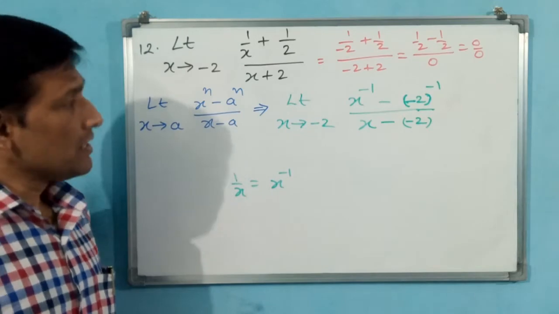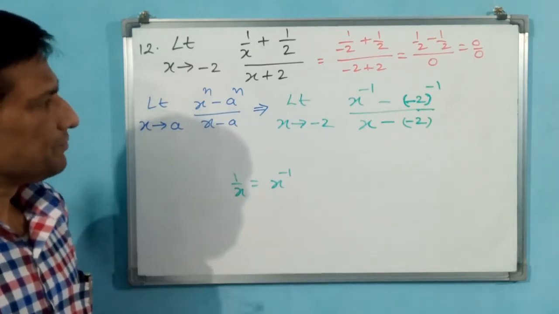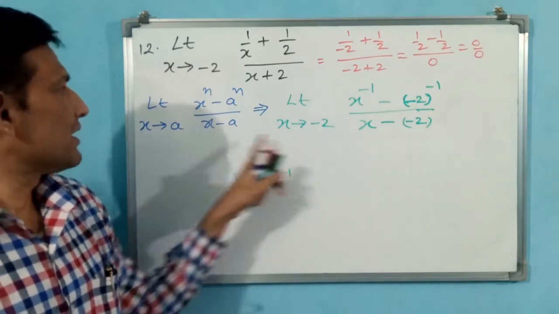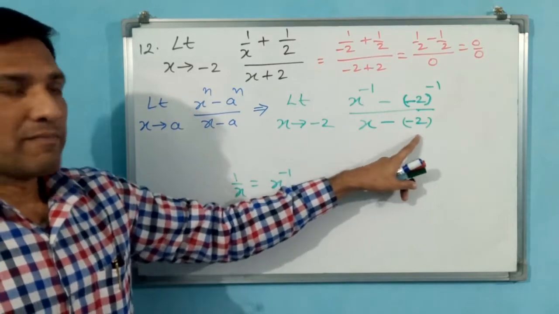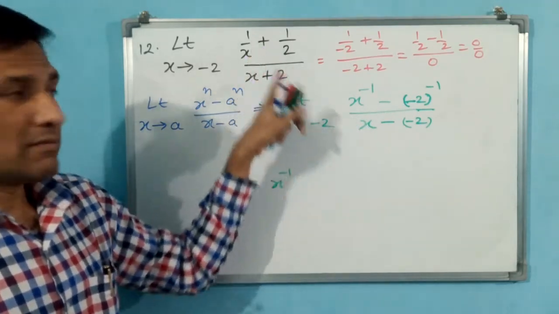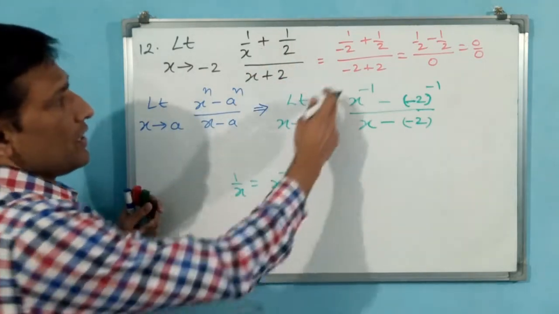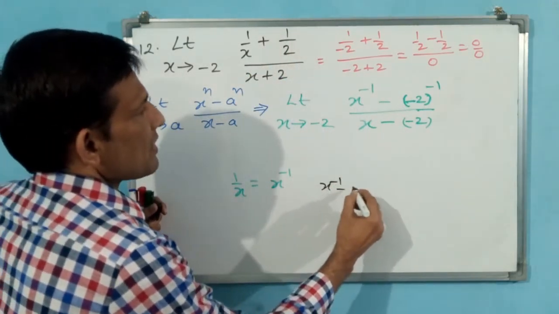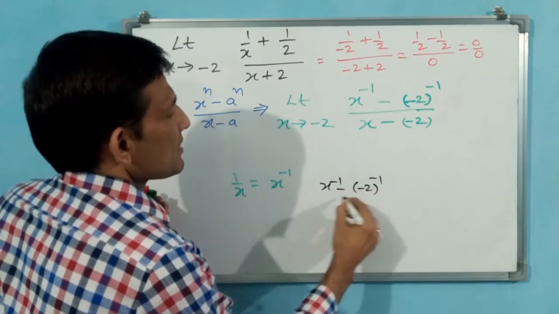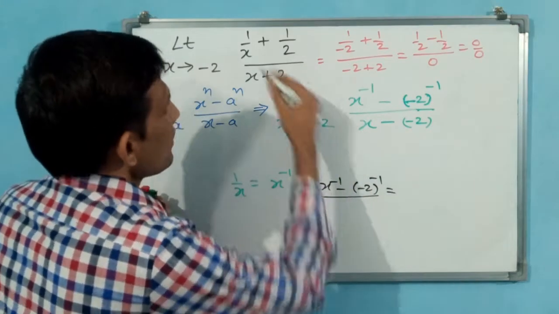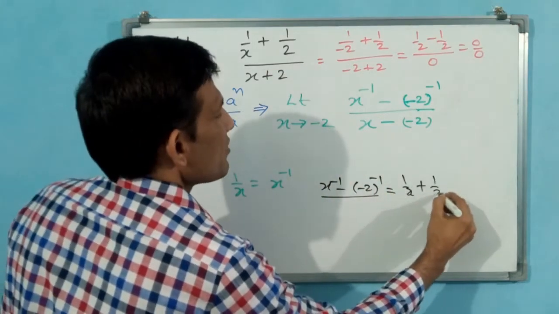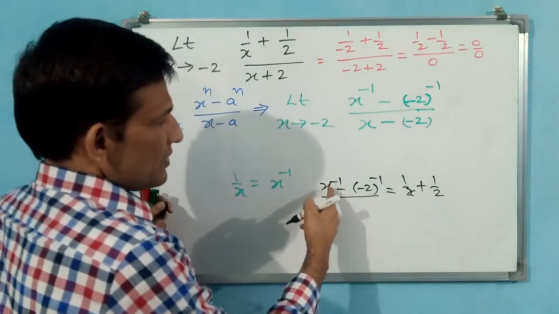Denominator I have already checked: x minus of minus 2, x plus 2 has come. But the numerator has to result in this. X power minus 1 minus 2 whole power minus 1 is equal to 1 by x plus 1 by 2 has to come. See, this has already come.